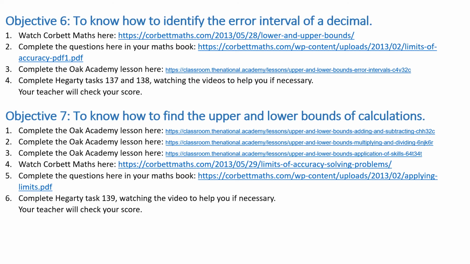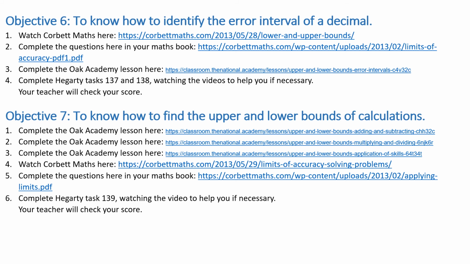And then lastly, on to the last two objectives, which is about using error intervals and bounds to work out calculations, to find out what happens to error intervals when we put them into a calculation and see how these error intervals generally tend to get much bigger.